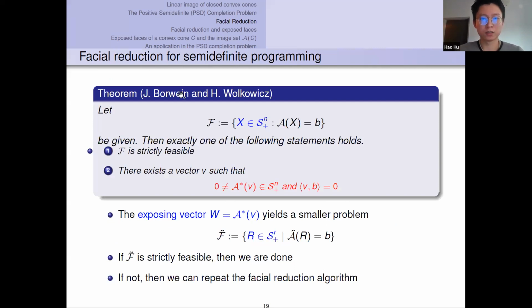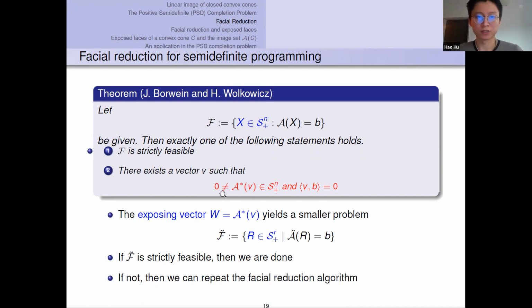So here is a description of the feature reduction algorithm. If we are given a feasible set F, exactly one of the following statements holds. Either F is strictly feasible, then we're happy, we don't have to do anything, or F is not strictly feasible, and in that case, we can always find a vector V so that this auxiliary system holds.